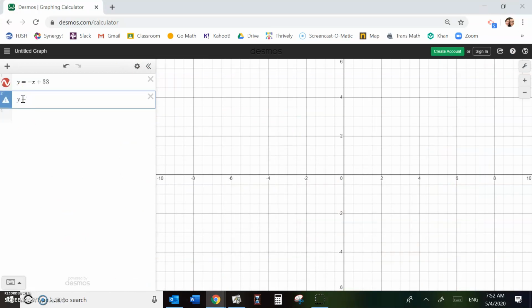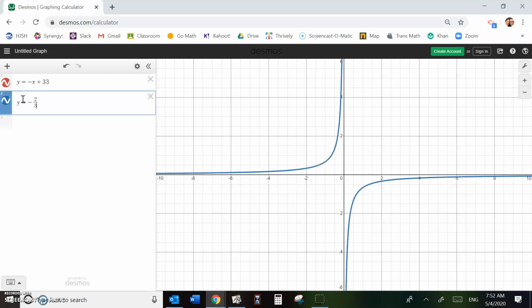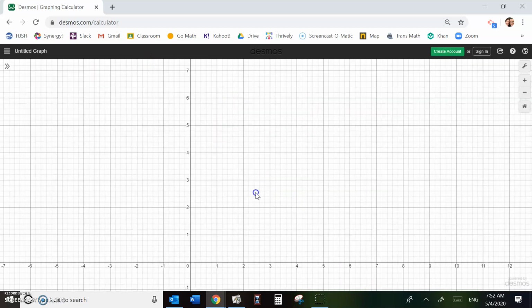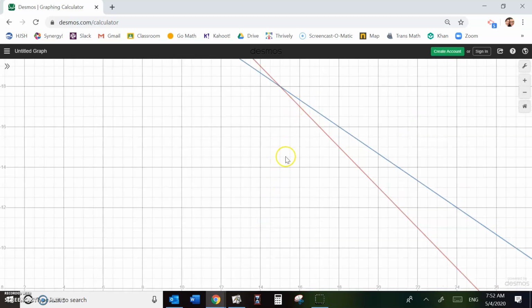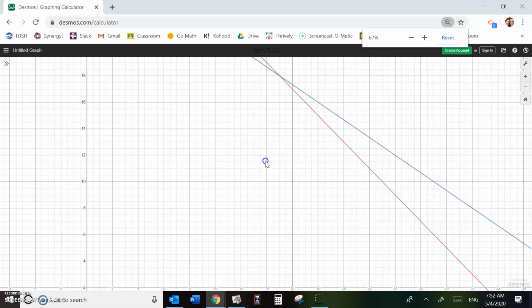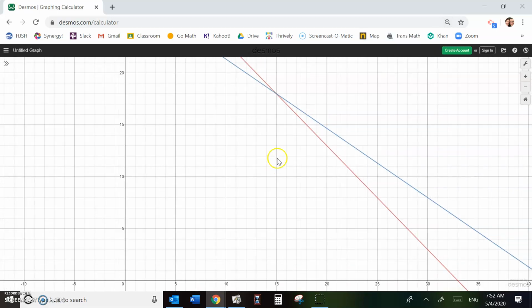And here it shows you that the point of intersection is (15, 18).